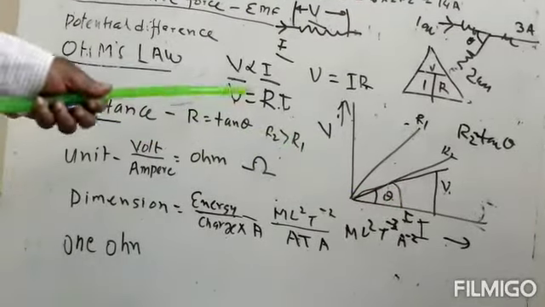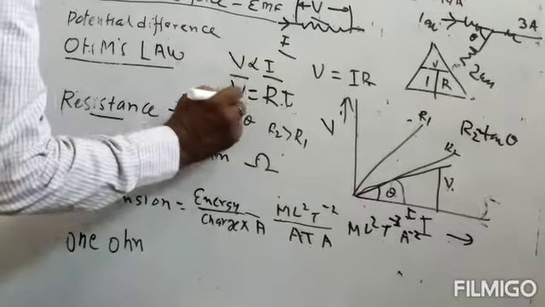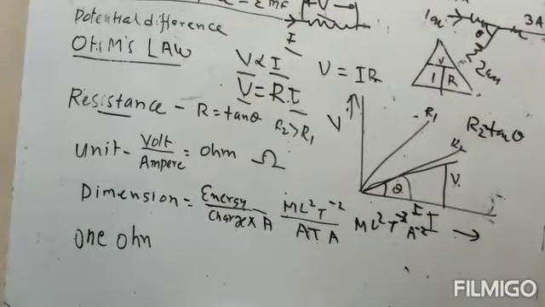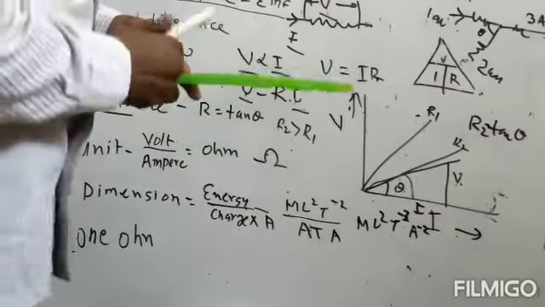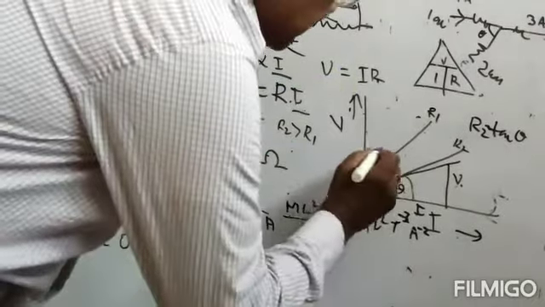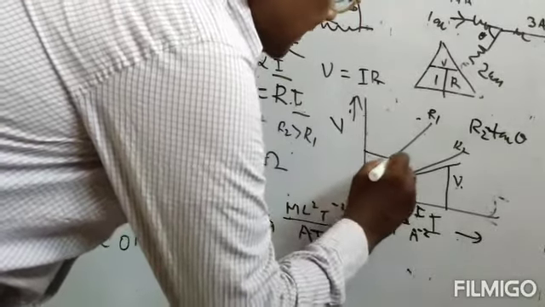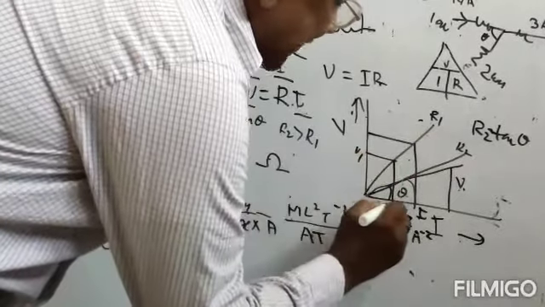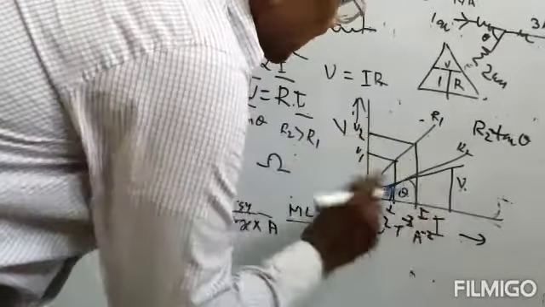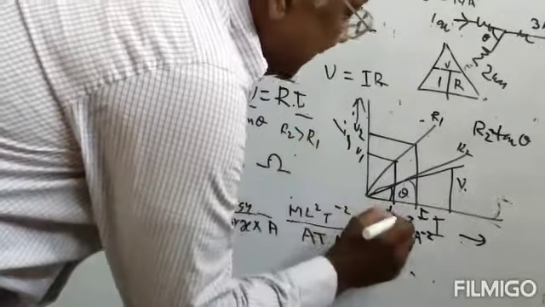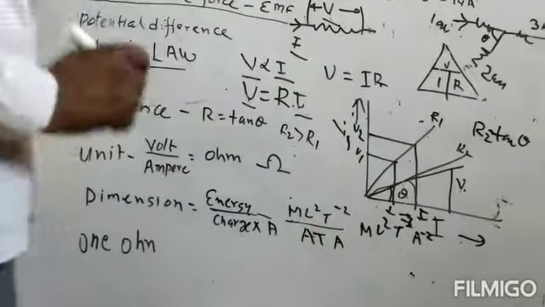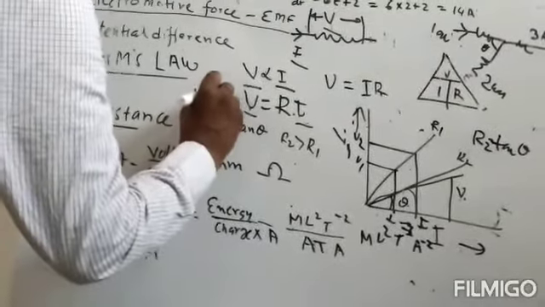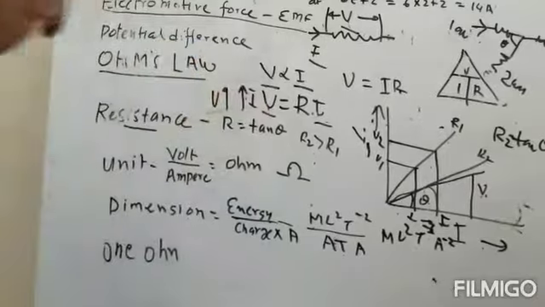Now the resistance doesn't depend upon V and I. If V increases, I increases. Here V1, then I1, here V2, I2. So if V increases, I also increases, but the ratio remains constant.